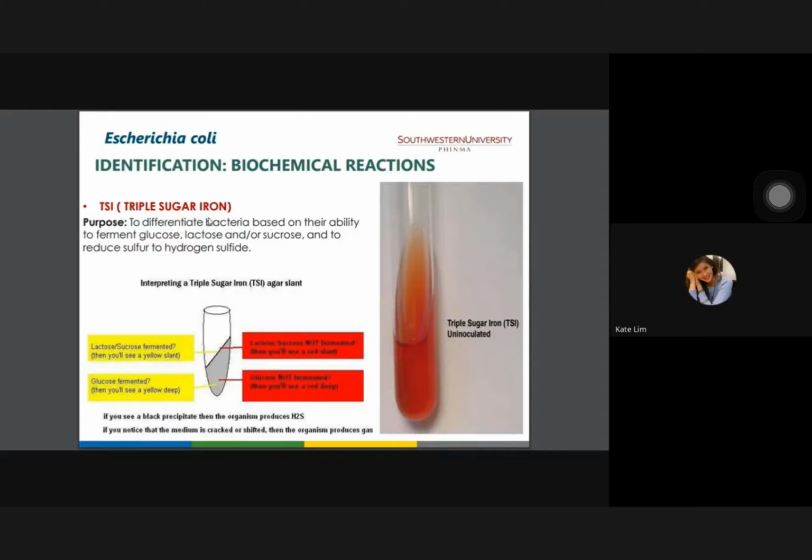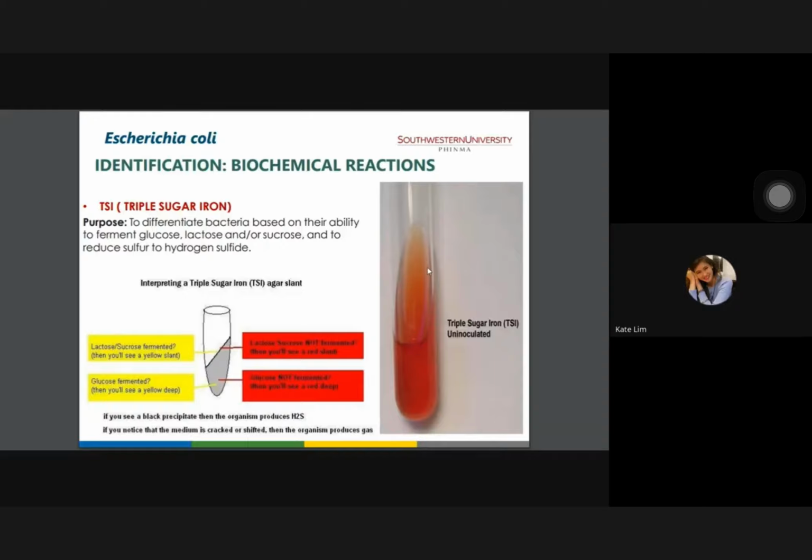Again, number one, you need to remember what is found on your slant and your butt. What is found in your slant is the lactose and sucrose, and the butt is the glucose. Number two, you need to remember the color changes. If it remains red, there is no sugar fermentation. But if the medium changes its color to yellow, then there is sugar fermentation happening.